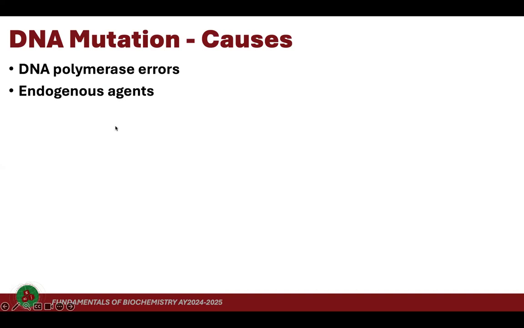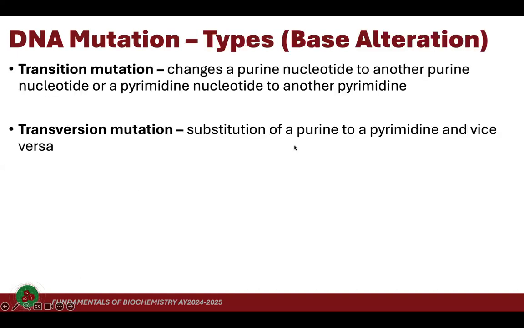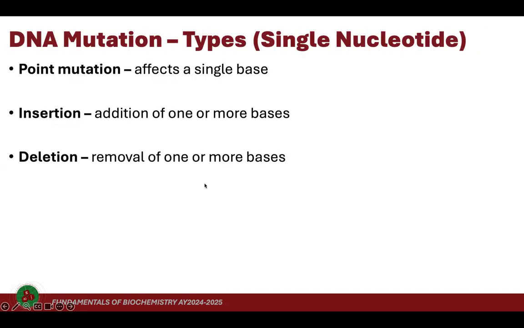Of course, endogenous agents like your ROS that are inherently produced inside your cells, and of course, exogenous agents. So we already mentioned the types of mutation. So we have transition and transversion mutation when we're talking about base alteration. We have the single nucleotide mutation like point mutation, insertion, deletion.